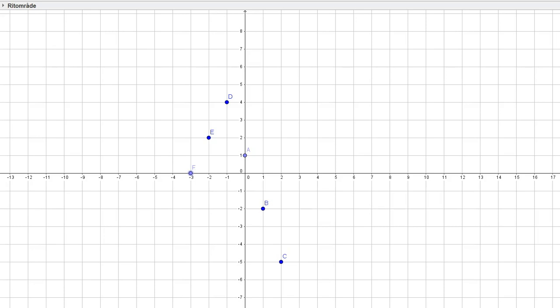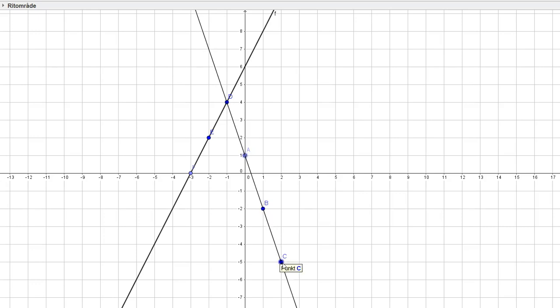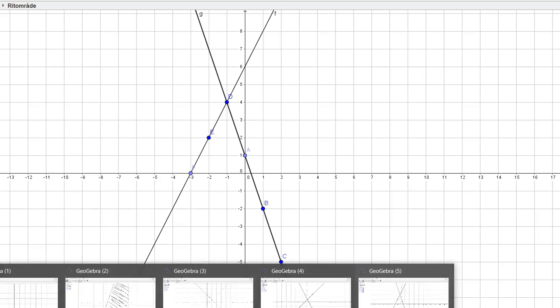So if I'm going to connect the dots, here also, then as you can see, our solution is negative 1, 4. Let's see if we can find that solution also on the next.